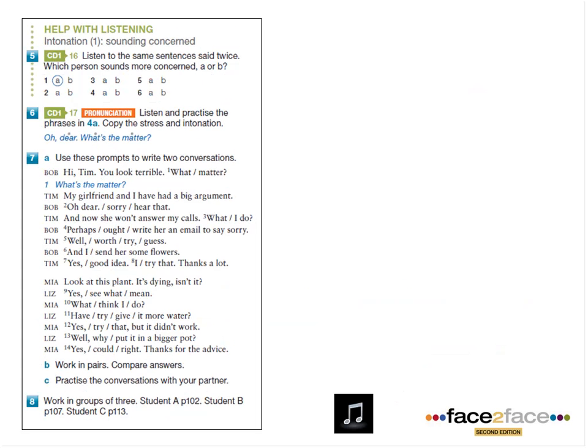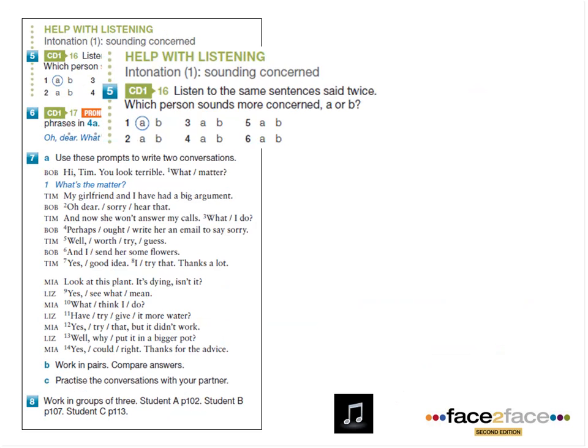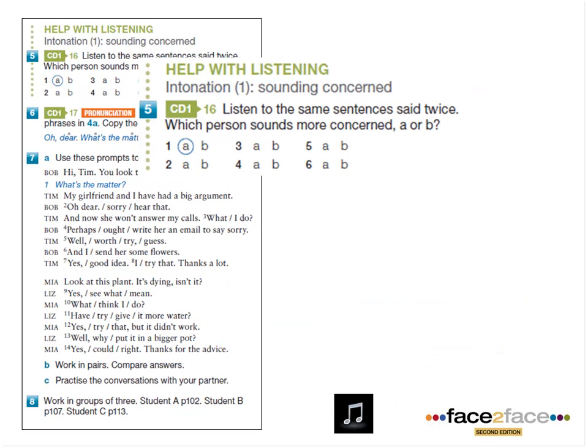Then moving on to the practice, first we have a help with listening activity where they listen to decide if people sound concerned or not. So they listen to the same sentences said twice, and who sounds more concerned, A or B?